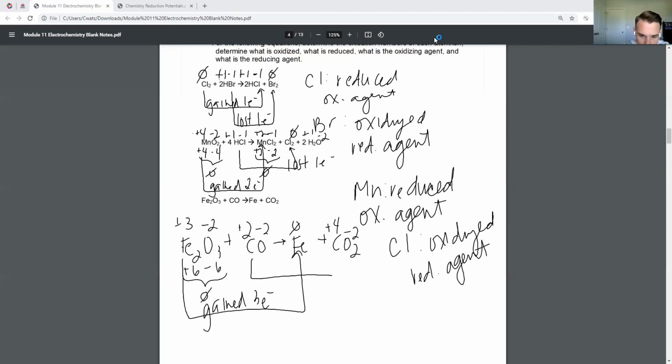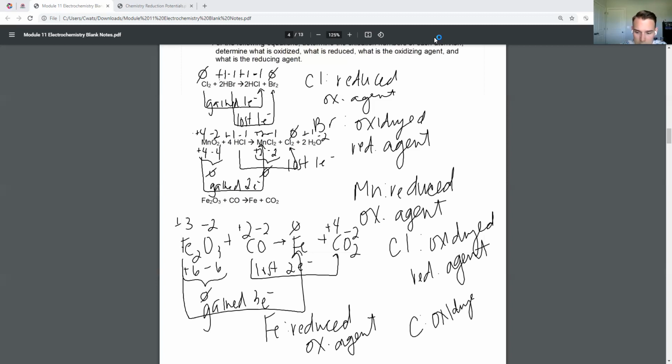Carbon went from a +2 to a +4, so it lost 2 electrons. So that means iron was reduced, making it the oxidizing agent, and carbon was oxidized, which makes it the reducing agent. Wonderful.